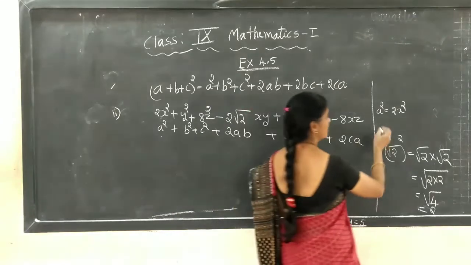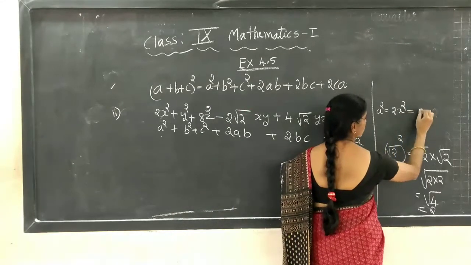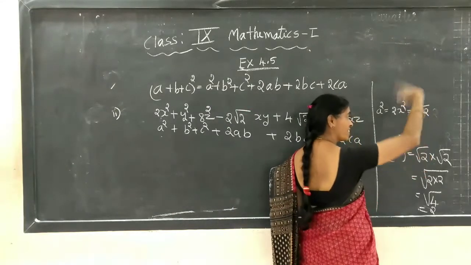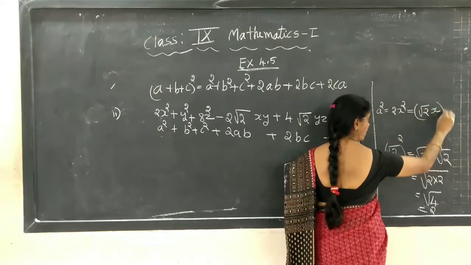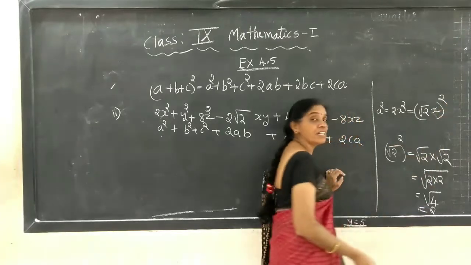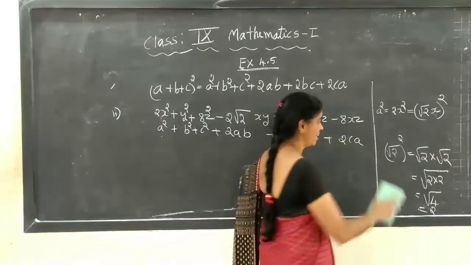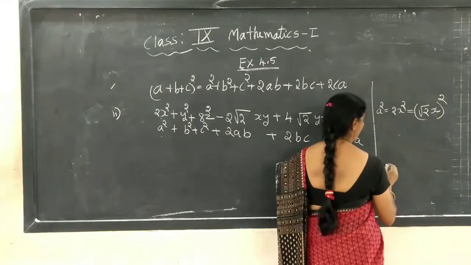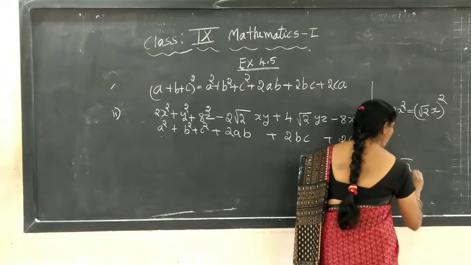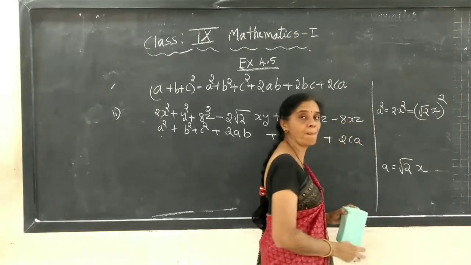So, I take square root 2, its square, then x, its square, together in the bracket. This is my a. So, in the question, a is square root 2 x.